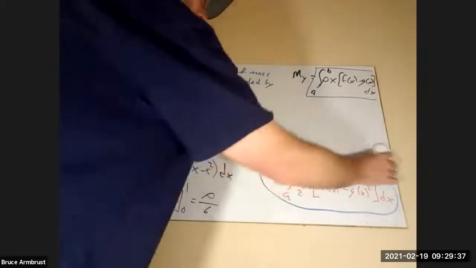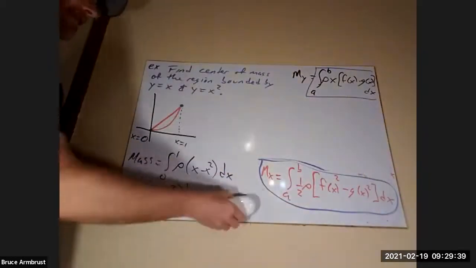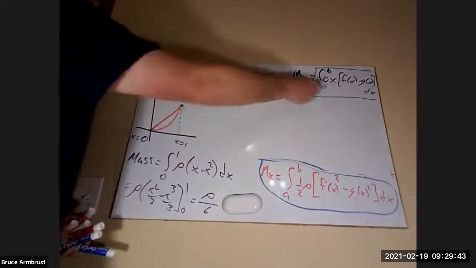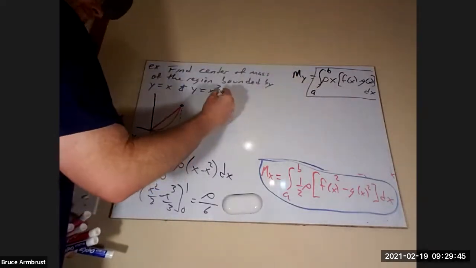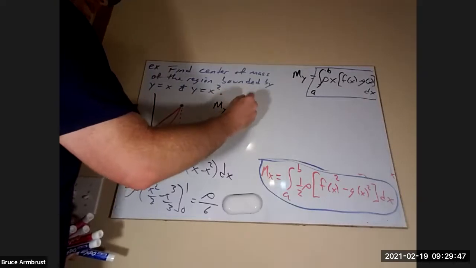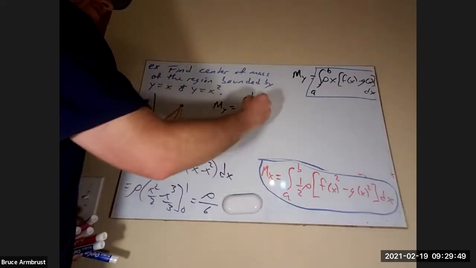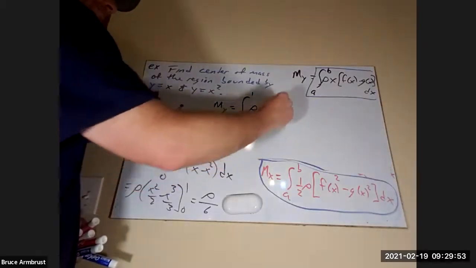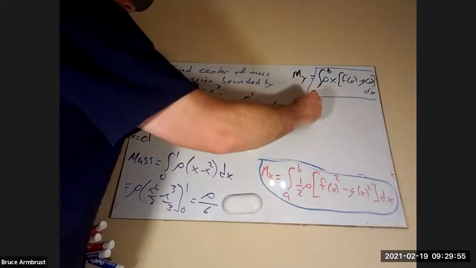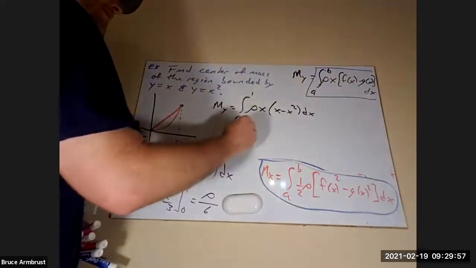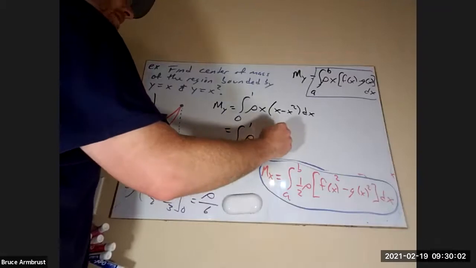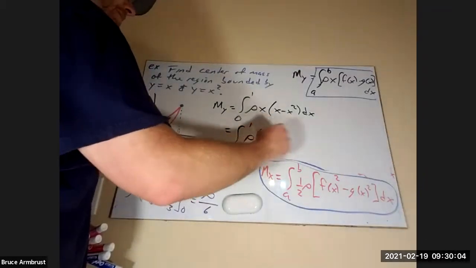Okay, second step. Let's calculate the My. All right, so we're going to use this formula up here. My, we're going to integrate from 0 to 1 rho times x times x minus x squared. So that's the integral from 0 to 1 of rho times x squared minus x cubed.